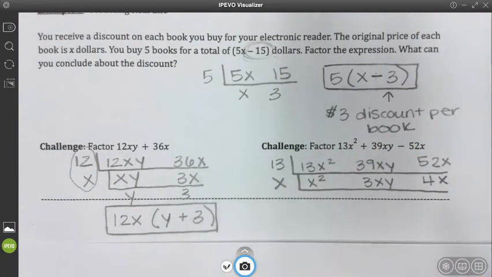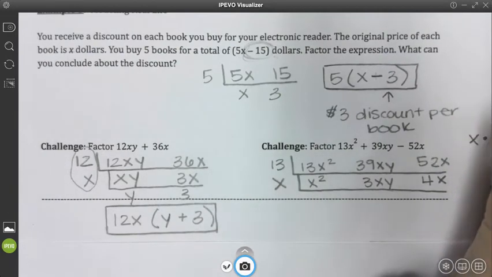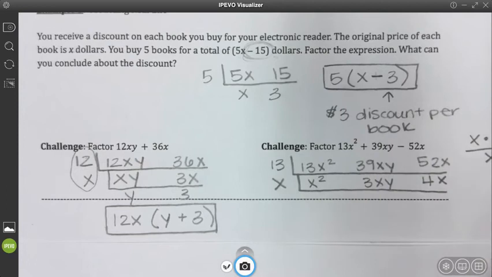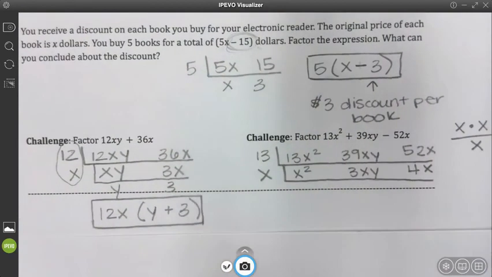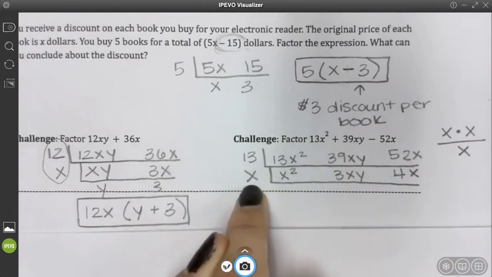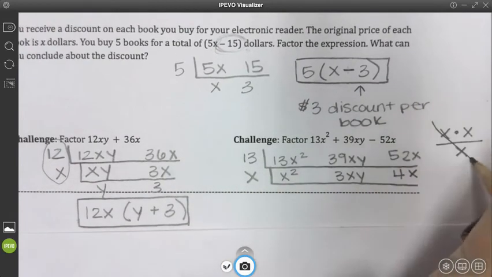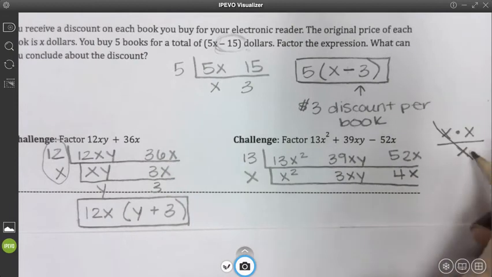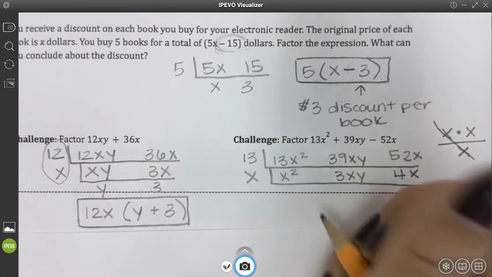So x squared, we know, is x times x. And if I am dividing out 1x, if I have x times x is x squared, and I'm dividing out an x, we can cross out one of the x's in the numerator and the x in the denominator, and we're left with 1x.